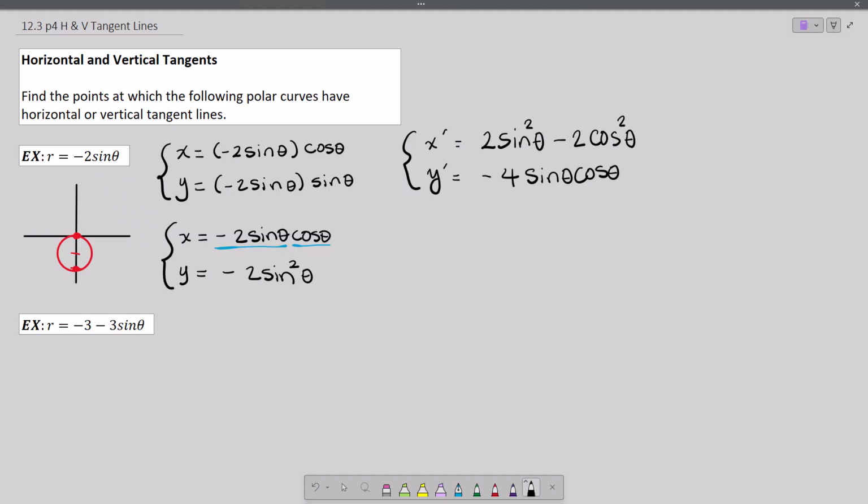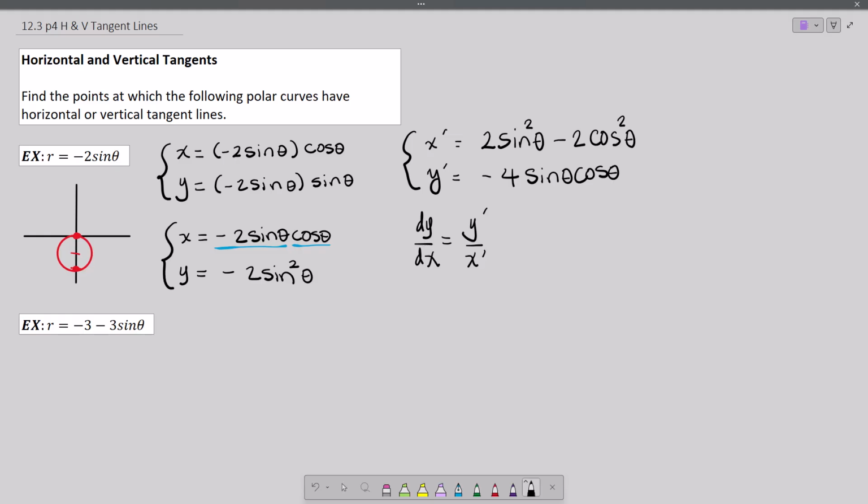Okay, now here's an example where they don't even mention dy dx. We know that dy dx is y prime divided by x prime. We don't need to put it down here and simplify if we don't want. You could just focus on when the denominator is 0, we have vertical tangents as long as the numerator is not simultaneously 0.